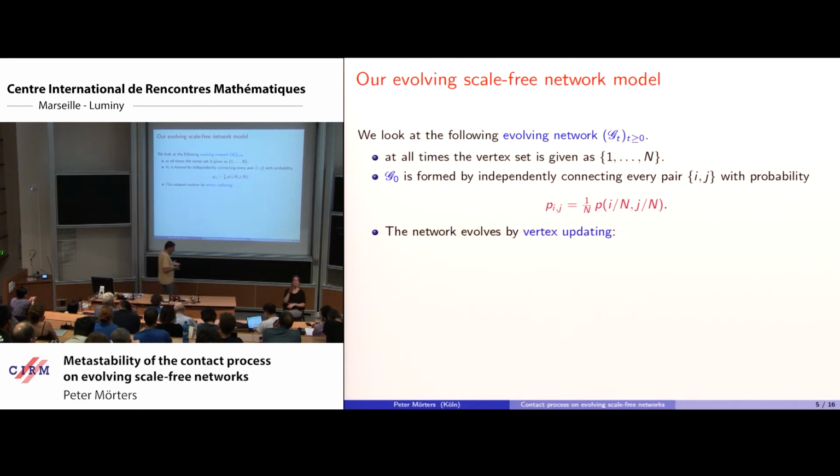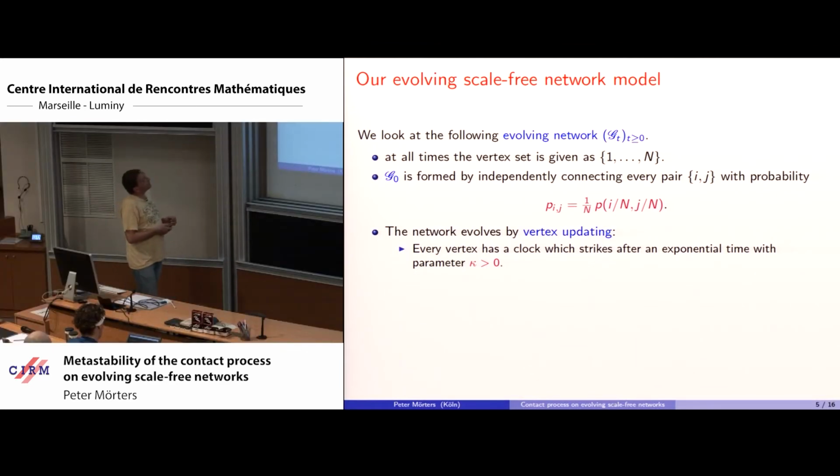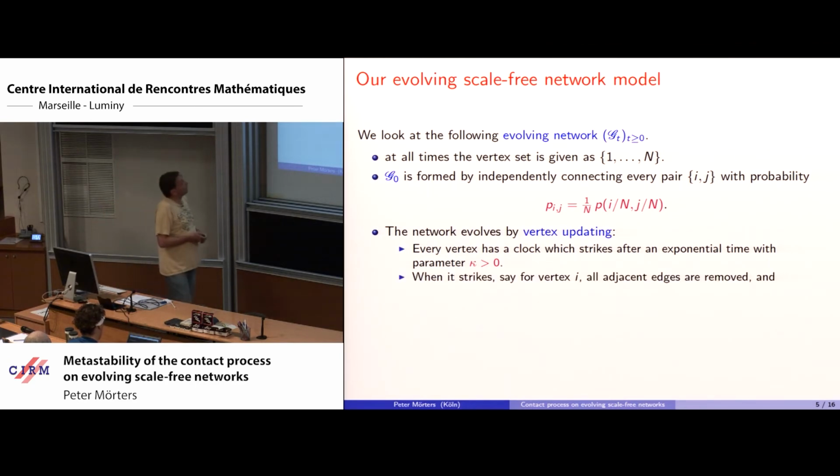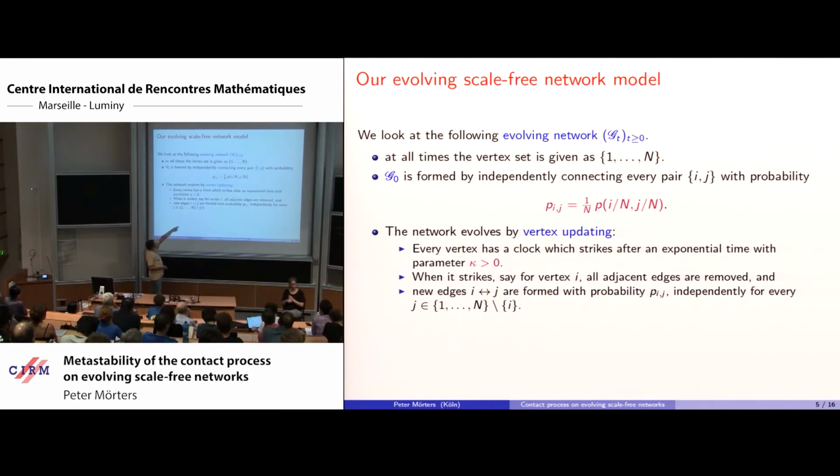There are two natural ways I can do this, which I call vertex updating and edge updating. Vertex updating means every vertex has a clock, so there's a Poisson process associated with every vertex, and this clock strikes after an exponential time with the parameter that I call kappa. When the clock strikes, say for vertex i, all adjacent edges are removed and new edges are formed starting from this vertex i, and I use the same probabilities pij to create the edges from i.